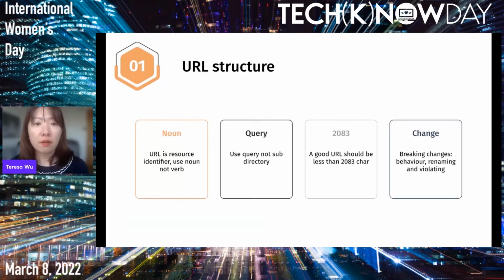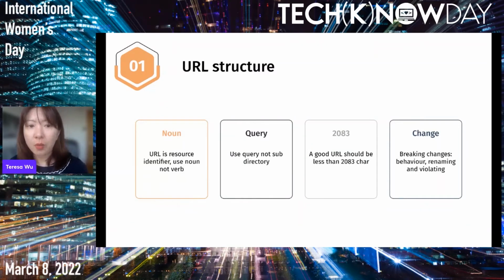So first, the URL structure. You should always use nouns instead of verbs. The only time you use the verb is through the HTTP request itself, because you always want to either get, retrieve, set, or modify a resource. And the resource itself is always a noun and probably in plural form as well.